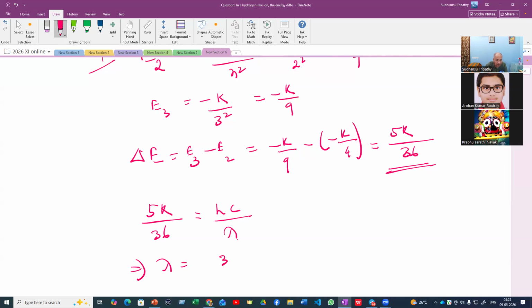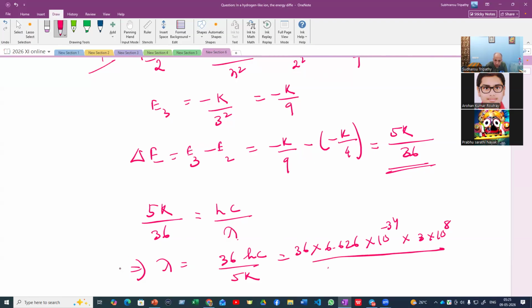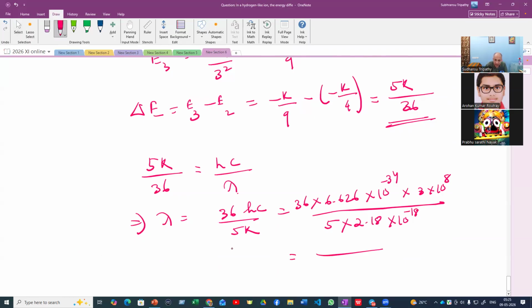Lambda will be equal to 36 hc by 5K, with 36 and 6.626. So you will get some value in meters, and then convert that into angstrom and tell me what the angstrom value is finally.